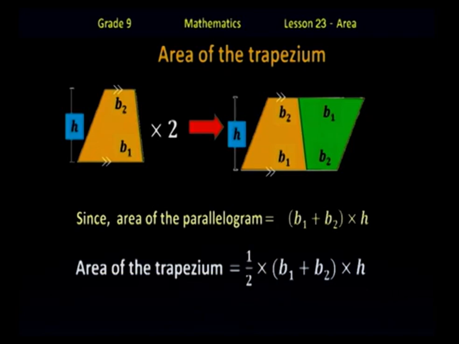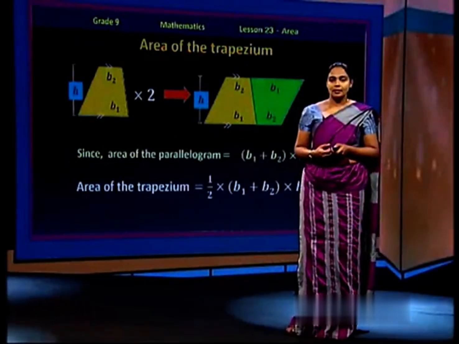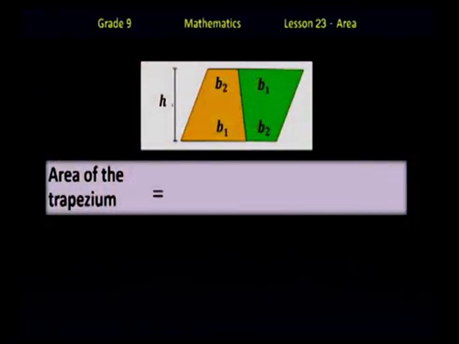Then the area of the trapezium should be half of the area of the parallelogram. We can represent it this way: we multiply by half. Then the area of the trapezium is half into b1 plus b2 into h. Now let's use this in this way. Because we are finding the area of a trapezium, we have to use the area of the parallelogram.